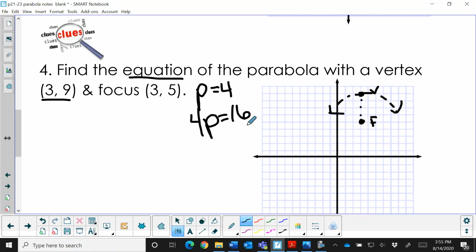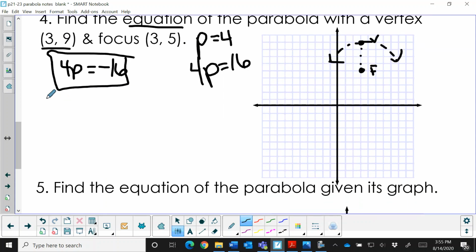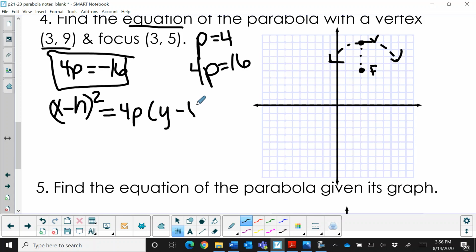That means my P is not positive, but my P is actually negative. So when I go to plug it in, my 4P will be -16. Now, our skeleton equation for a down facer would be x minus h squared is equal to 4p times y minus k.